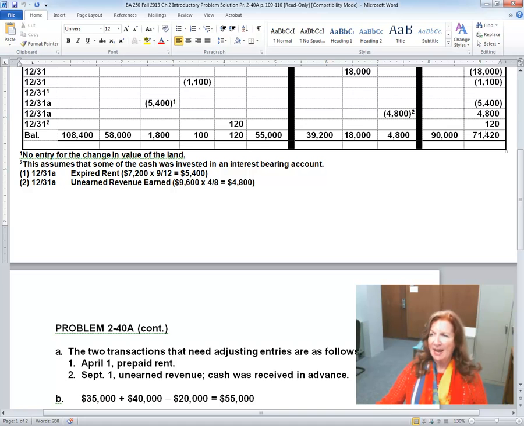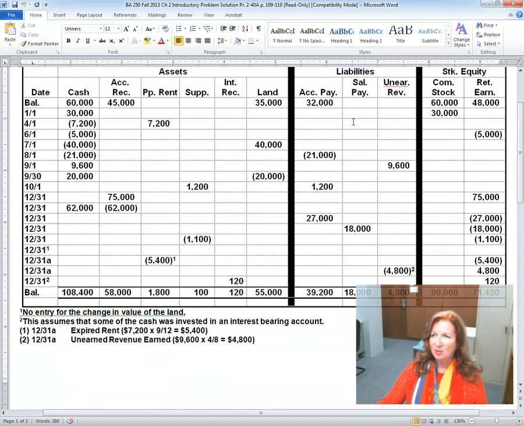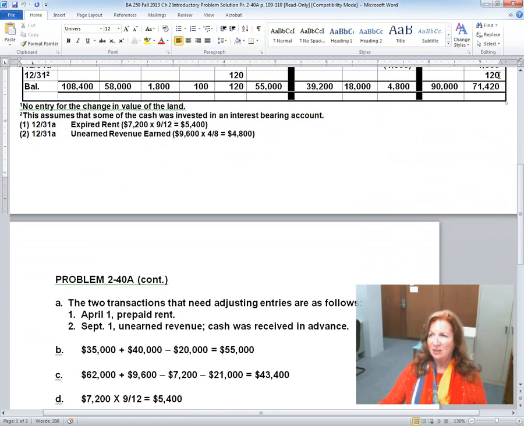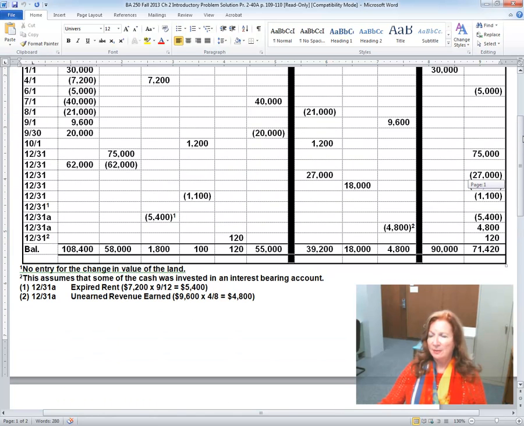So I had $120 of received cash, so recognized $120 of accrued interest. Here is interest receivable, the asset over here, and down here is the $120 that goes into interest receivable, and then it's interest revenue right here. So we have $120 of interest revenue.